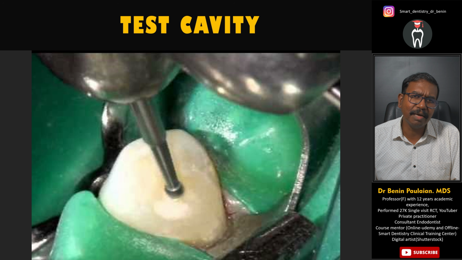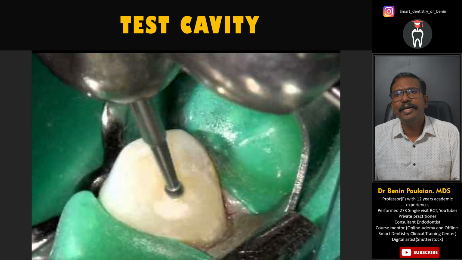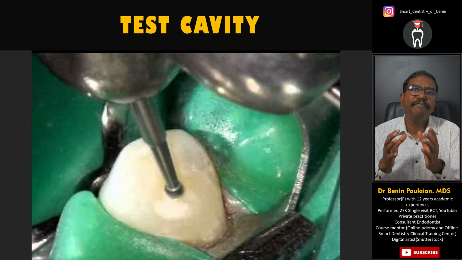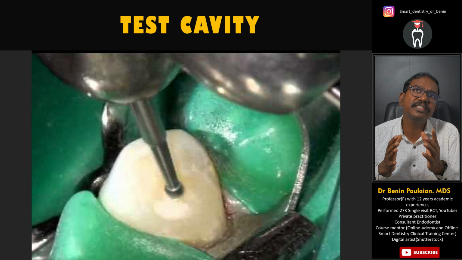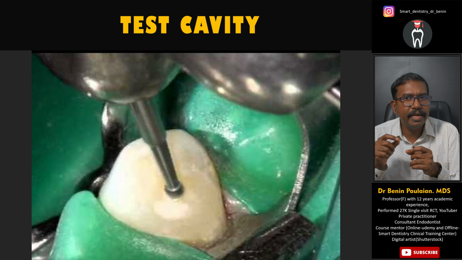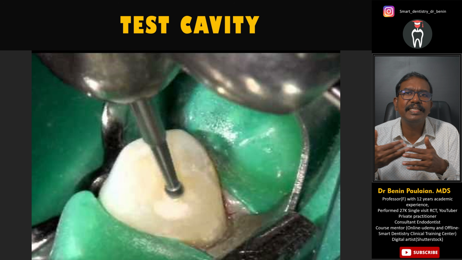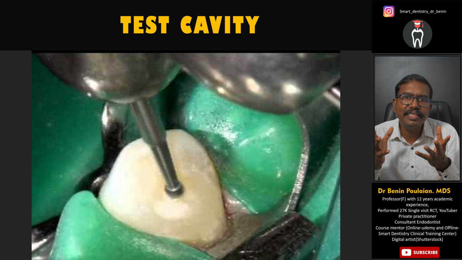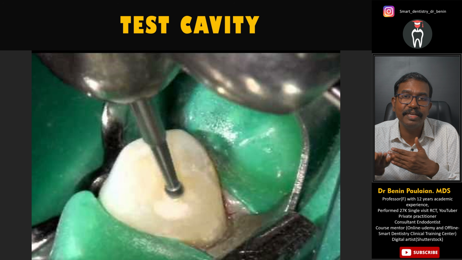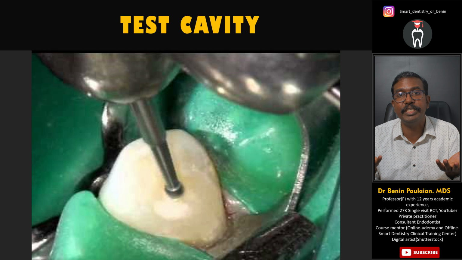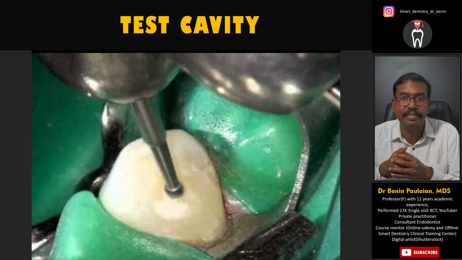Again, this is somewhat in common practice, but truthfully, in my clinical experience, whenever there is a symptomatic tooth and you are preparing a cavity with the bur, the vibration from the bur itself can create a sensation, and in the case of an apprehensive patient, even if there may not be any sensation, the patient could say that yes, I am feeling the sensation.